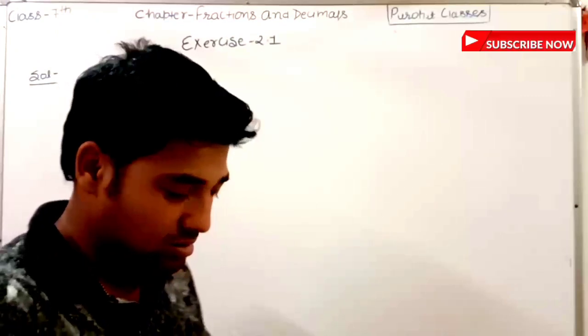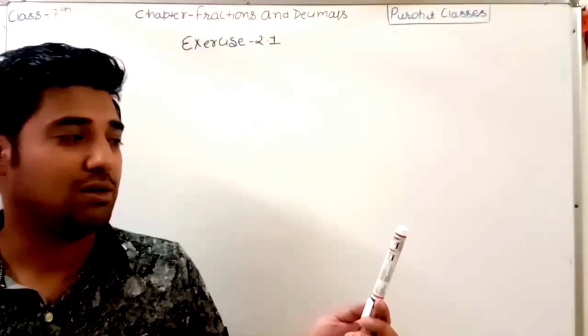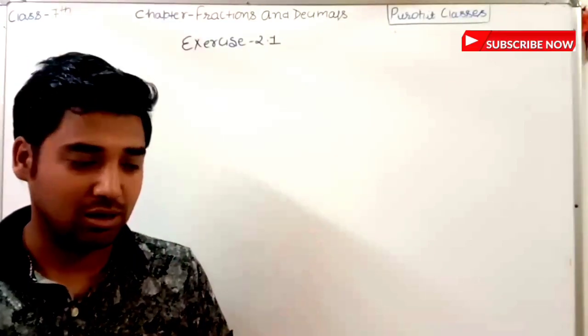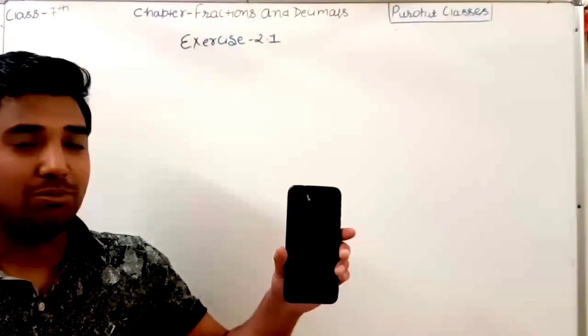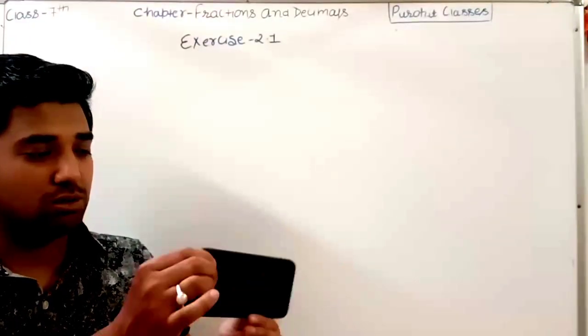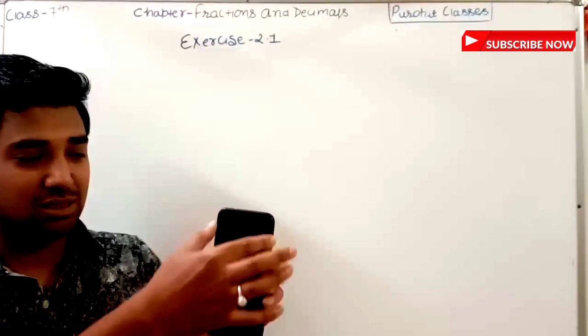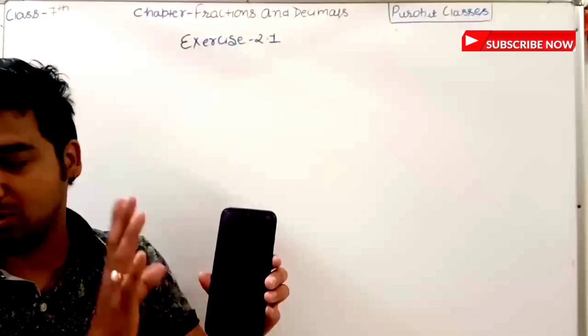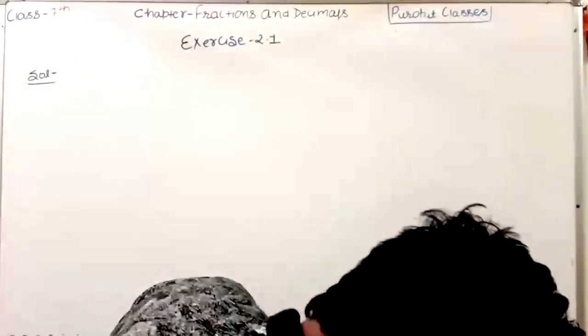If I have this marker, what will I say? Which number will be representing this? 1, because this is a whole marker. Suppose I have this cell phone, in mathematics I will ask you, then you will say that this is complete, or one cell phone, or whole, and for that we will be using number 1.